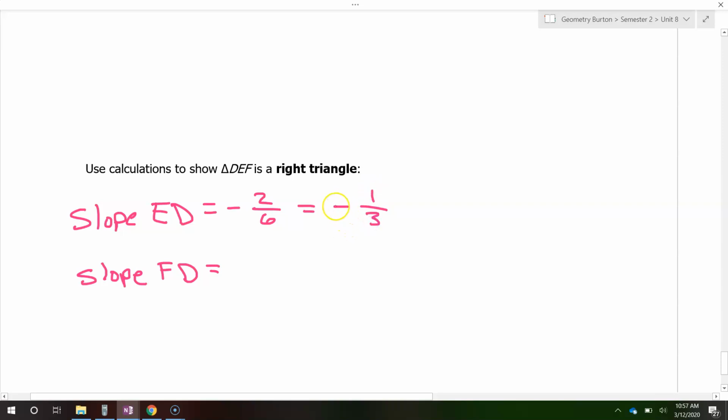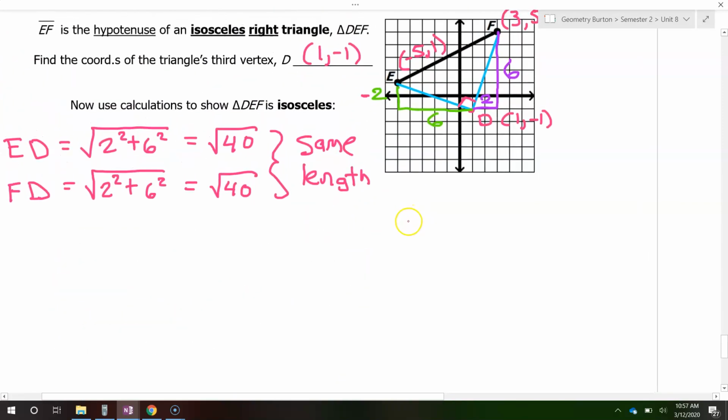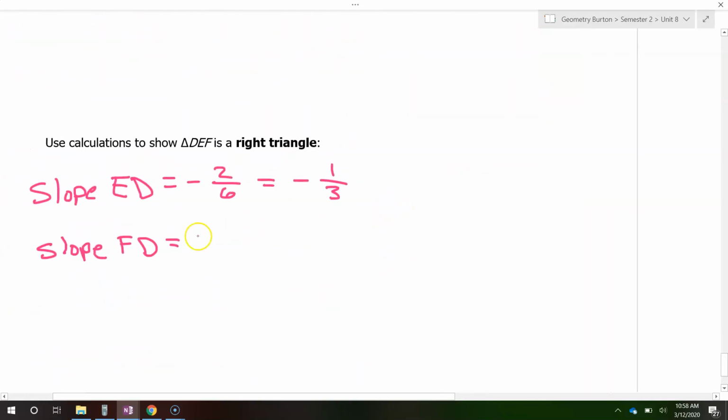And this reduces down to negative 1/3. Now let's talk about the slope of FD. The rise is 6. The run is 2. So 6 over 2. And this reduces down to 3. Notice that these slopes are opposite.